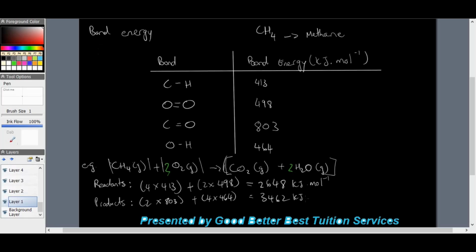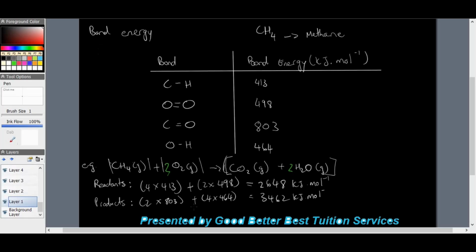kilojoules per mole. Now I want to have a look at the energy change between my reactants and products. I want to have a look at the difference. So what I'm actually doing is taking my reactants minus my products.